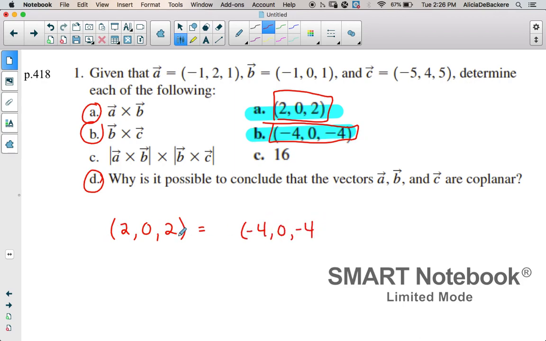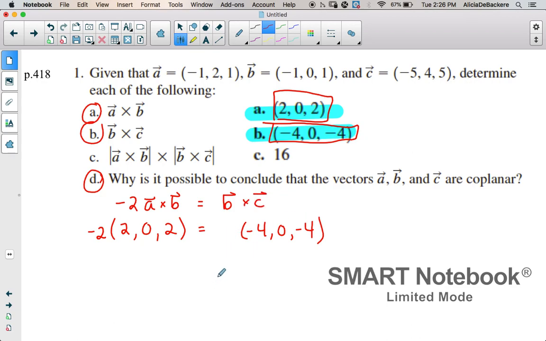If I take this cross product over here, and if I were to multiply it by a scalar multiple of -2, then I would get the cross product of B and C. So -2 times the cross product of A and B is equal to the cross product of B and C.